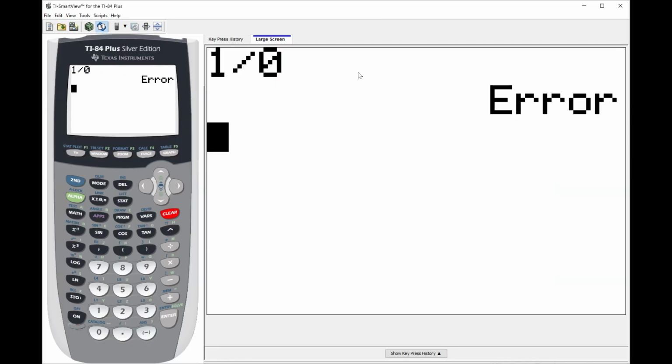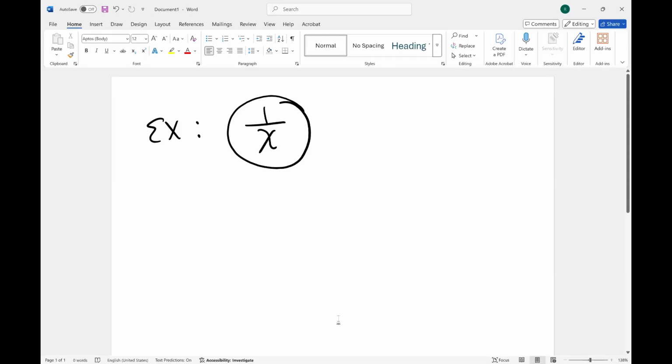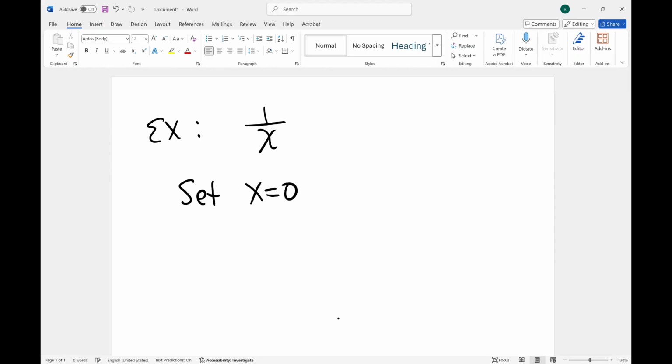So my question for you to think about is, if 1 over x is my rational expression, what values of x would make this expression undefined? Well, anything that would make the denominator equal to 0. And my denominator is x, so set x equal to 0.